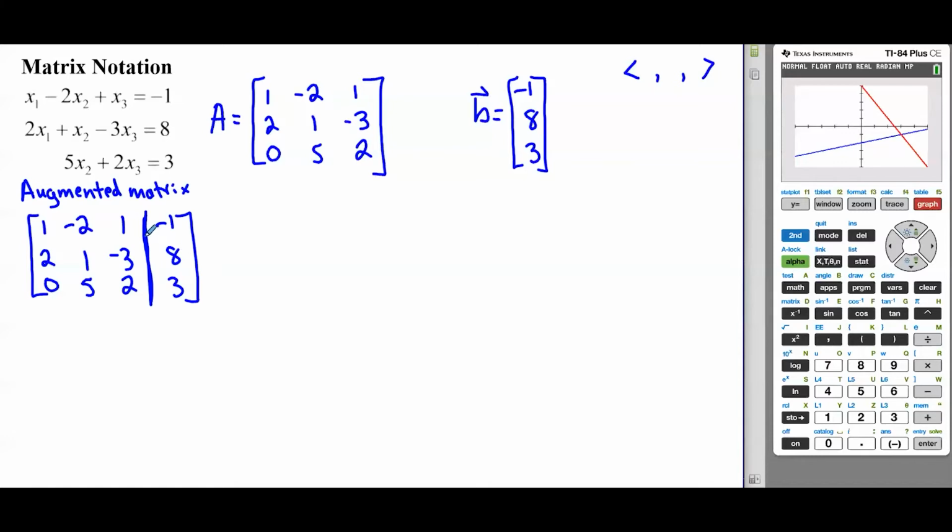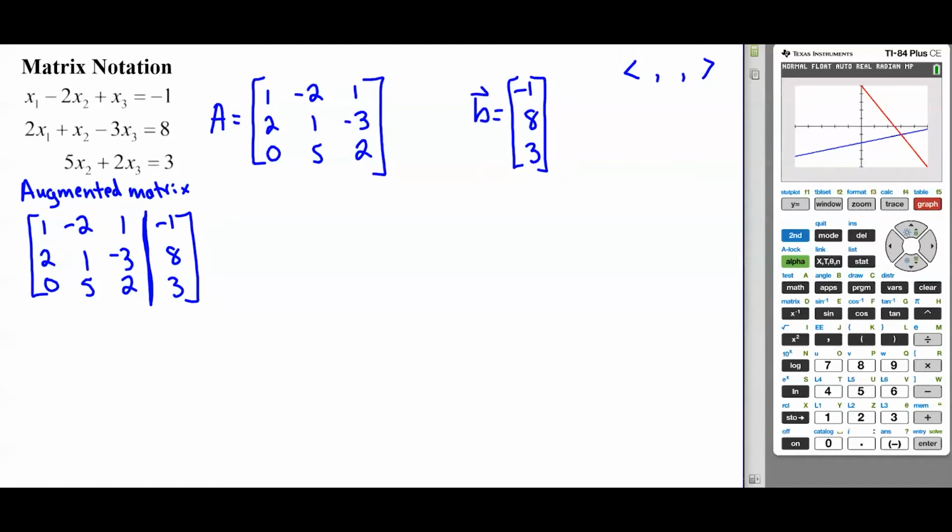So before, when we solved this system, we were eliminating variables, and we had to fix the coefficients so that the coefficients would cancel out. And we're just going to do the same thing here, except we're only going to deal with the coefficients, because that's the only thing that really matters here, right?